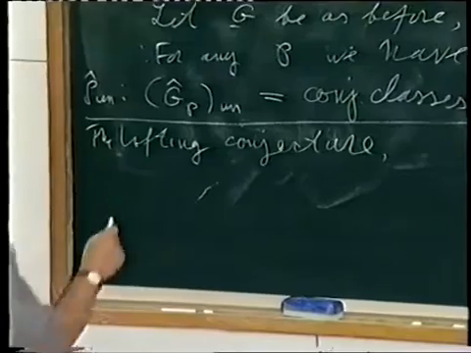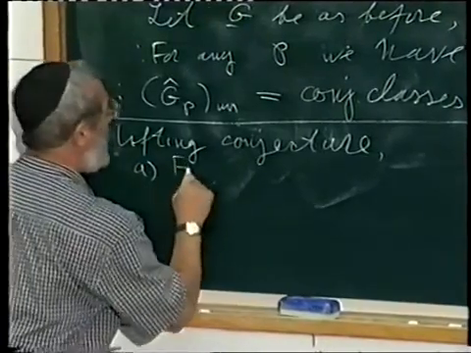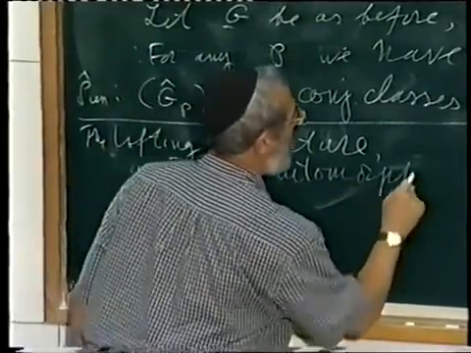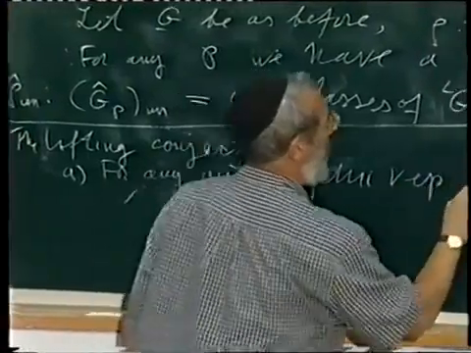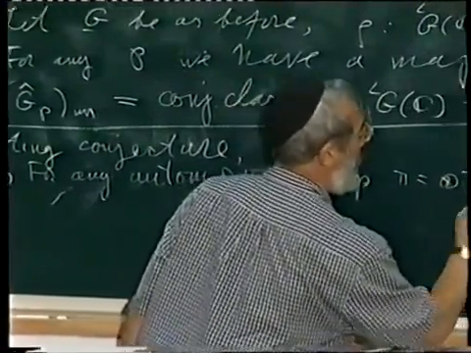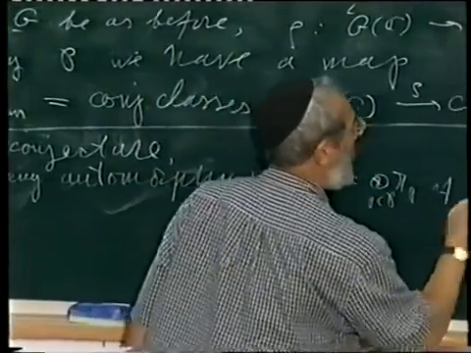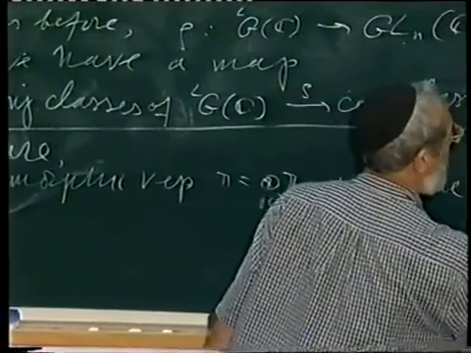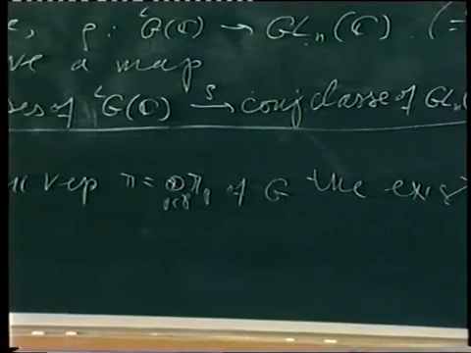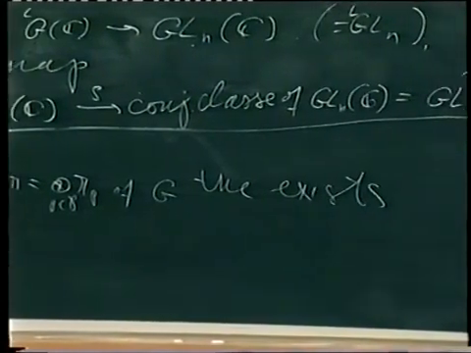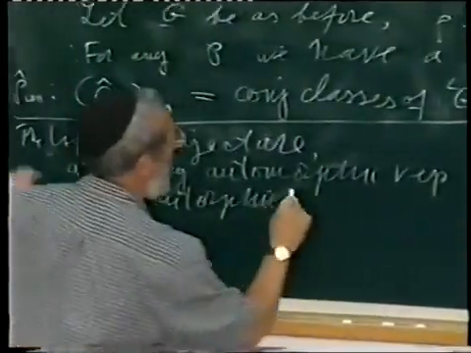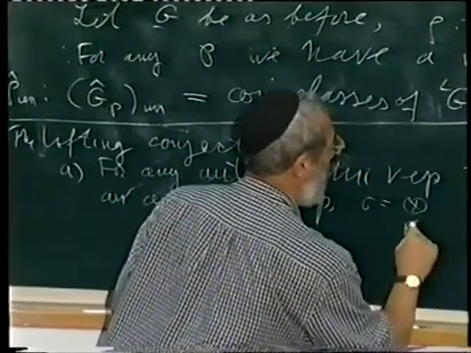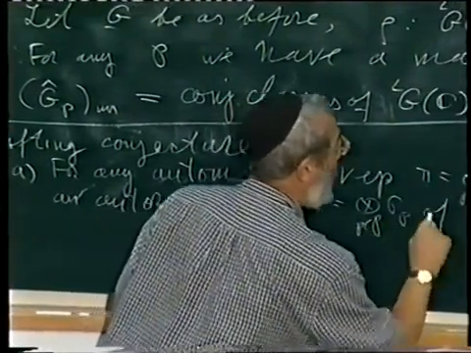It consists of two steps. A: for any automorphic representation pi equal tensor product of pi p of G, there exists an automorphic representation, let's call it sigma equal tensor product of sigma p, of GLN.